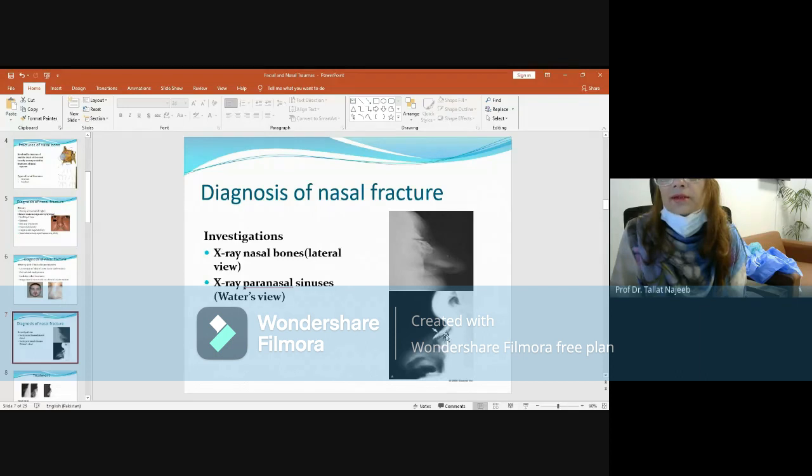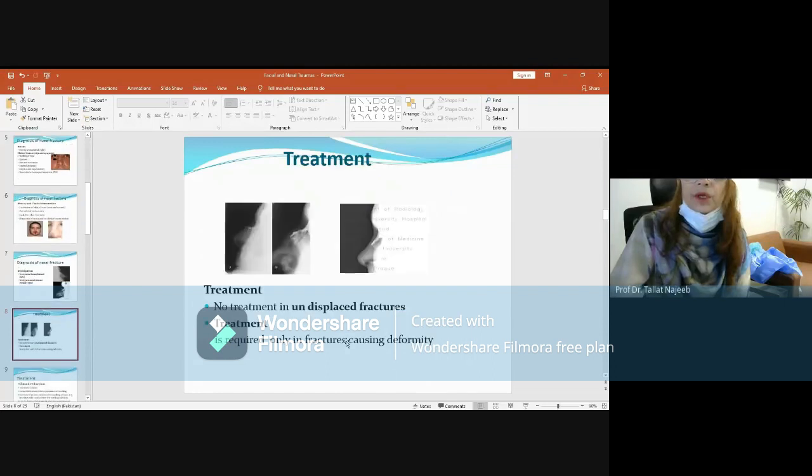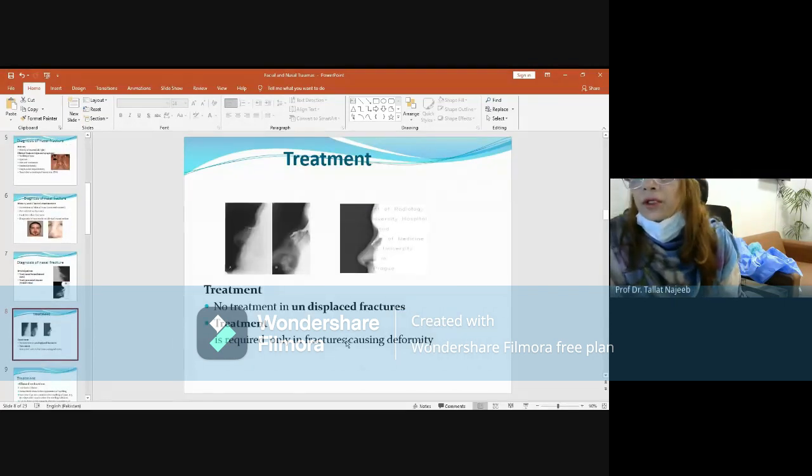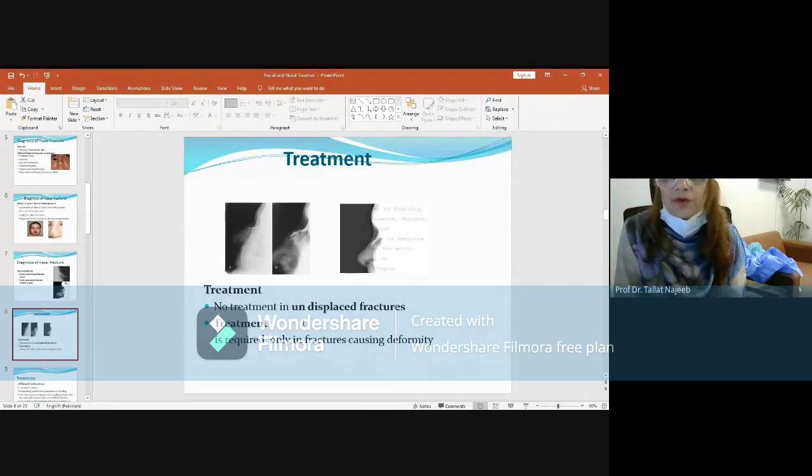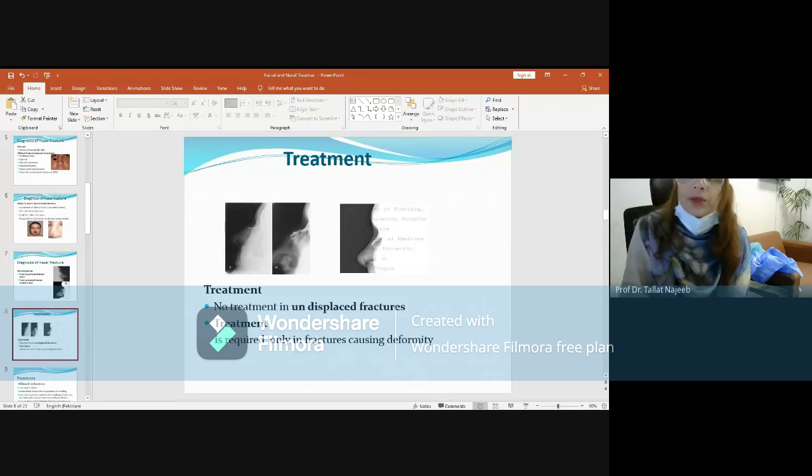Just like in this fracture, there is a fracture, but it is in contact with the other piece, so it is not a displaced fracture. You can ask for other radiological investigations like X-rays of the paranasal sinuses to rule out fractures of other bones.